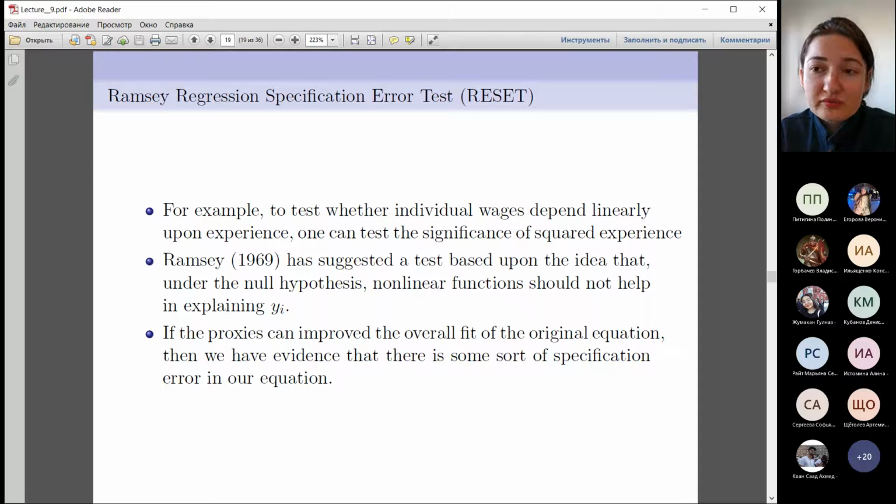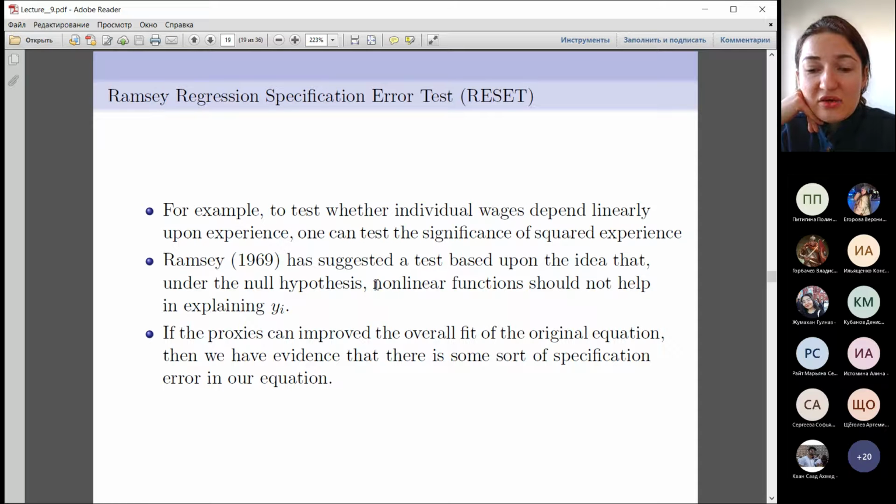For example, you want to test whether individual wages depend on experience, and you want to test the significance of squared experience. If you don't find the proper theoretical model, but you have some assumptions due to common sense and logic that experience could be included in this model not only in the linear form but also as a square term.